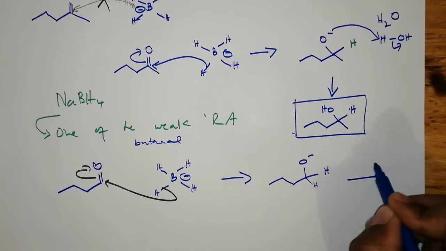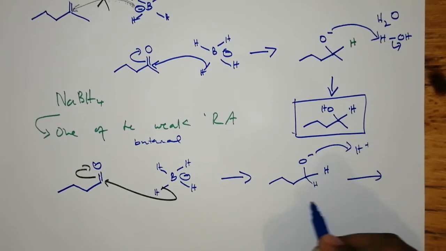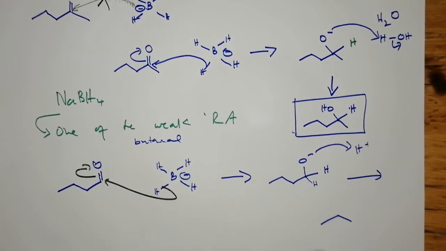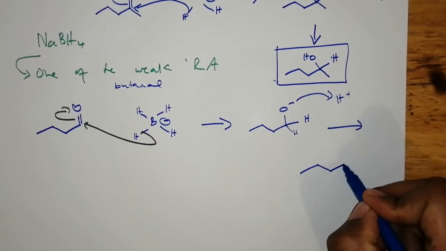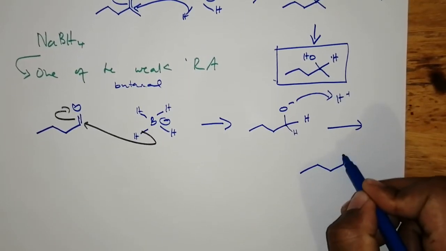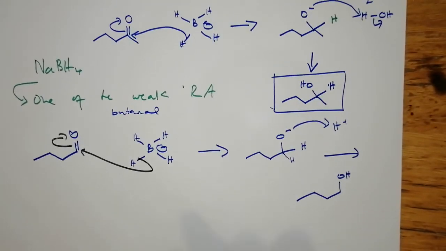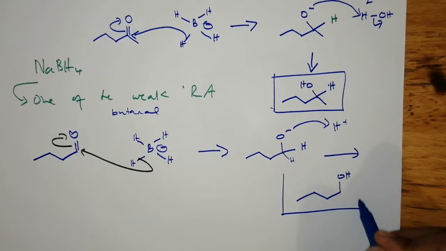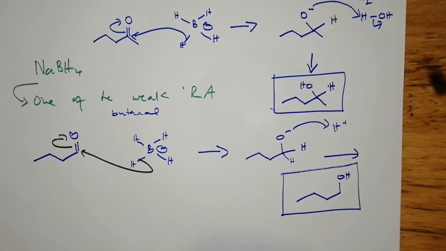Then after the work up and protonation, we will have OH right there, right? And let me just say, guys, you see this was reduced. So this is a primary alcohol.